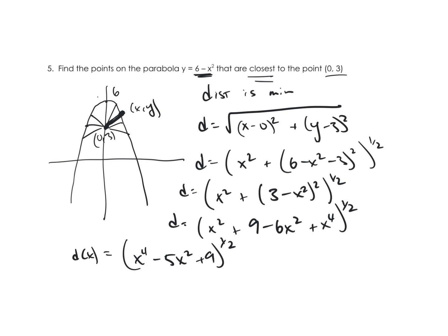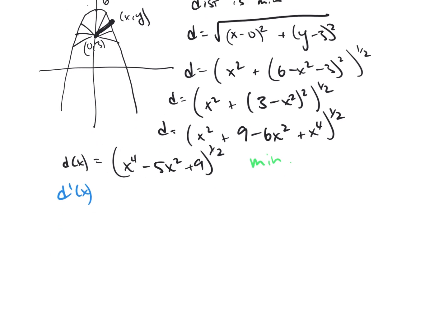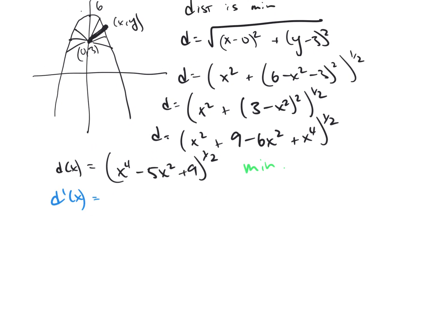And so if I want to find a minimum, that means I have to find the derivative of the distance. Finding the derivative, the 1/2 comes down, times the inside part of my function, x to the 4th minus 5x squared plus 9, to the negative 1/2, subtracting 1, times the derivative of the inside, which is 4x cubed minus 10x.